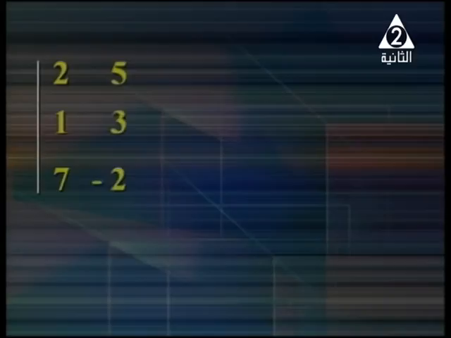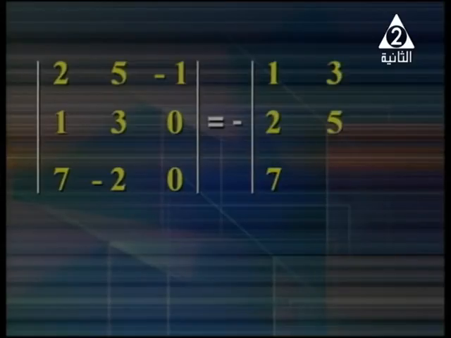Example: if we have the determinant 2, 5, negative 1; 1, 3, 0; 7, negative 2, 0, we exchange the first row. Look at the determinant: the first row 1, 2, 5, negative 1. On the right-hand side is the second row, 2, 5, negative 1. The value is negative the result.